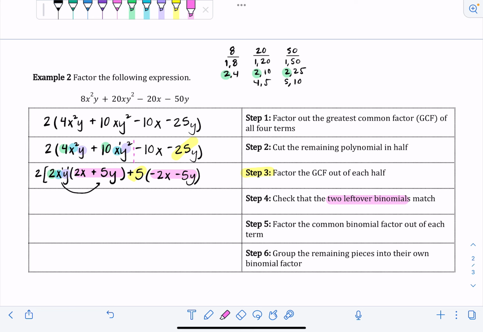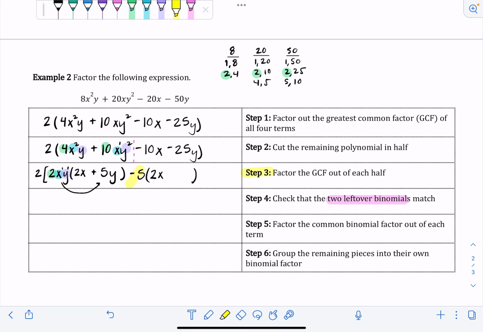They almost match, like they both have 2's and 5's, but the signs are wrong, and step 4 is saying the signs have to be exactly the same. So if the numbers are correct but the signs are not, that means that instead of factoring out a positive 5, I should have factored out a negative 5. Now if I repeat that step with the negative 5, negative 10x divided by negative 5, a negative divided by a negative is a positive 2x.